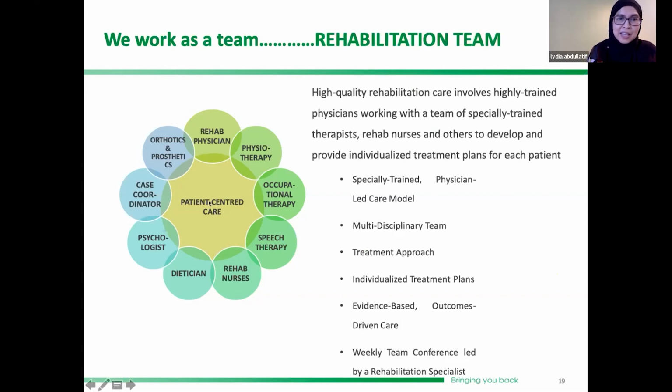Okay, so you can see the patient is always the center of the team. And then you have got the physiotherapy, occupational therapy, speech therapy, the nurses, the dietitian, psychologists, the orthotic and prosthetic, and of course, you have got the rehabilitation doctor.